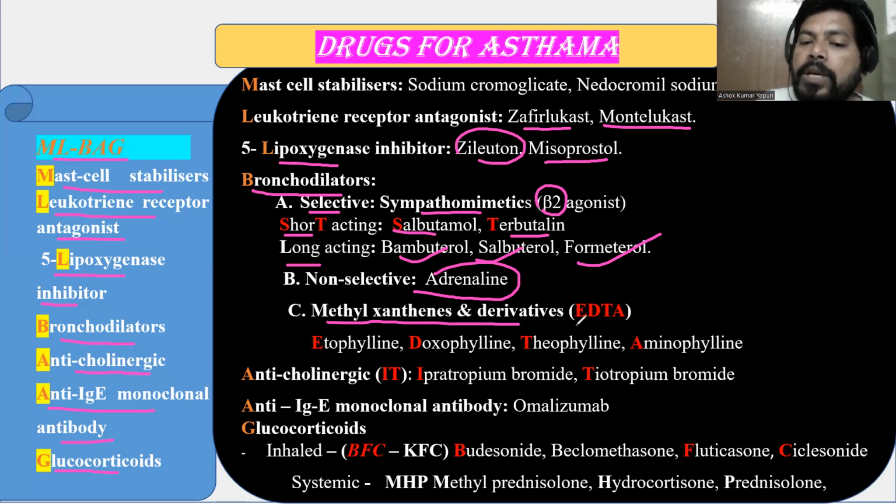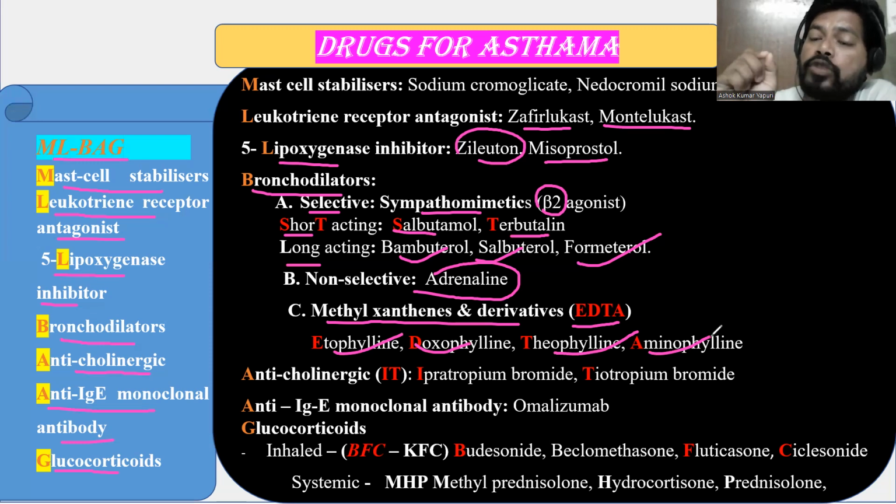The mnemonic is EDTA: etophylline, doxophylline, theophylline, aminophylline. All these drugs inhibit the phosphodiesterase enzyme in the lungs and increase the cyclic AMP levels, that is cyclic adenosine monophosphate. The increased cyclic AMP in the lungs increases the dilation of bronchial smooth muscle, which is essential in the asthma patient.